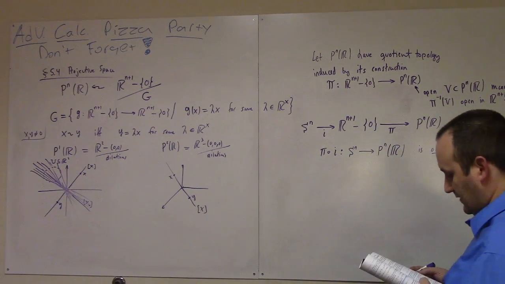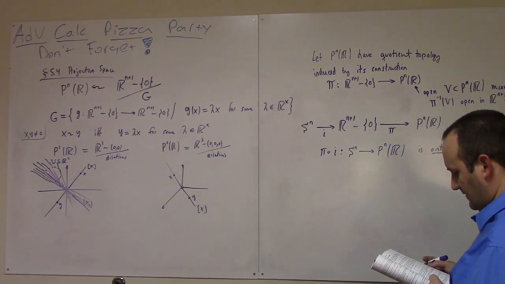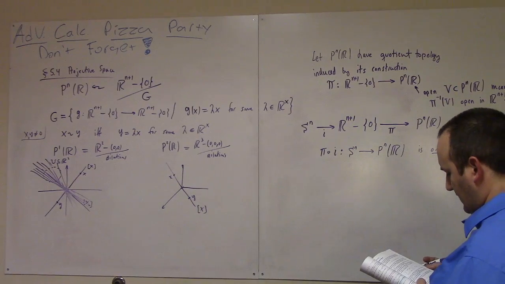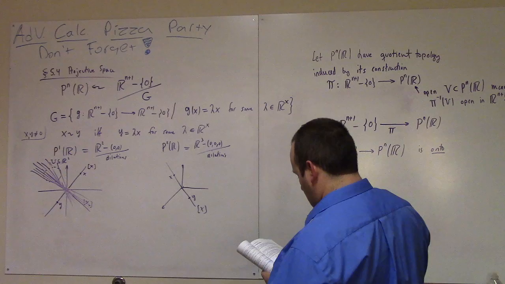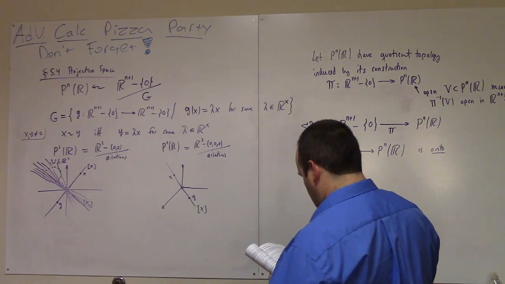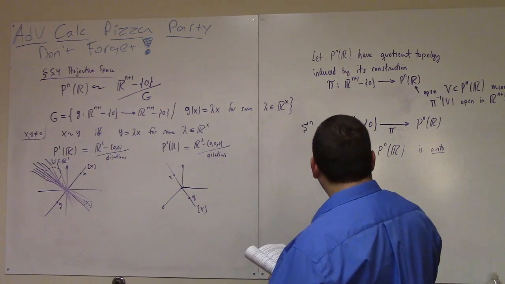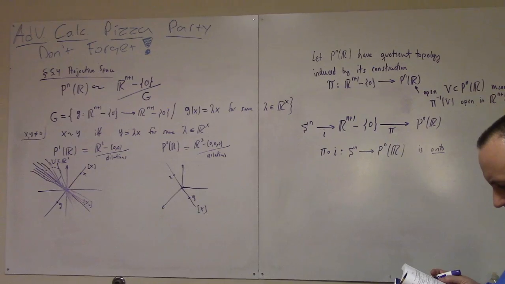He says it factorizes through a continuous bijection f. I'm not sure what he means here. Wait, what is f? He starts talking about an f, but he hasn't said what f is. I'm missing it here. I think that would mean, wouldn't f be from Sn to PnR?